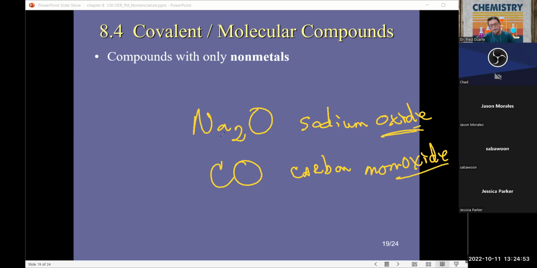In an ionic compound, the sodium 99% of the time is written first, followed by the anion part. In covalent compounds, there will always be a central atom. The central atom is written first. So in this case, carbon is written first, and then what follows is whatever is bonded to the central atom.